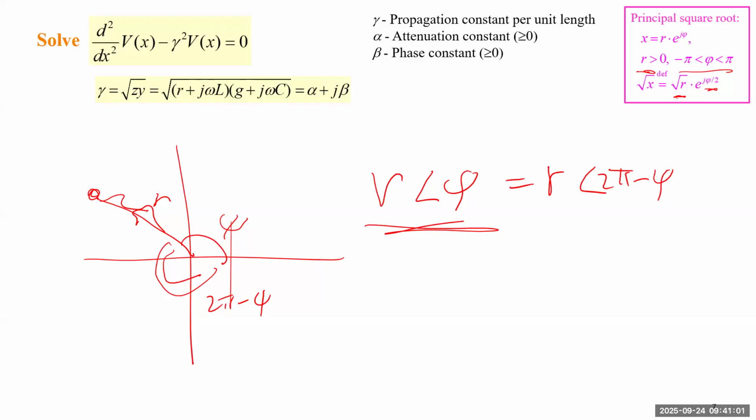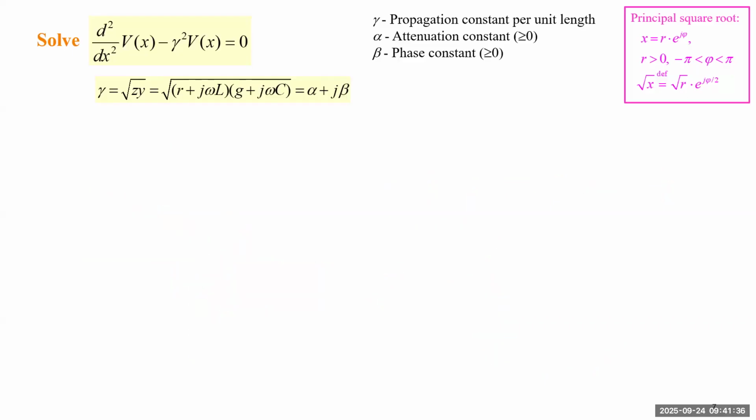Then you will generate the complex number for the square root with the angle only in the first and fourth quadrant, from negative 90 degrees to positive 90 degrees. So that's our assumption. Then we're ready to calculate things like this one.